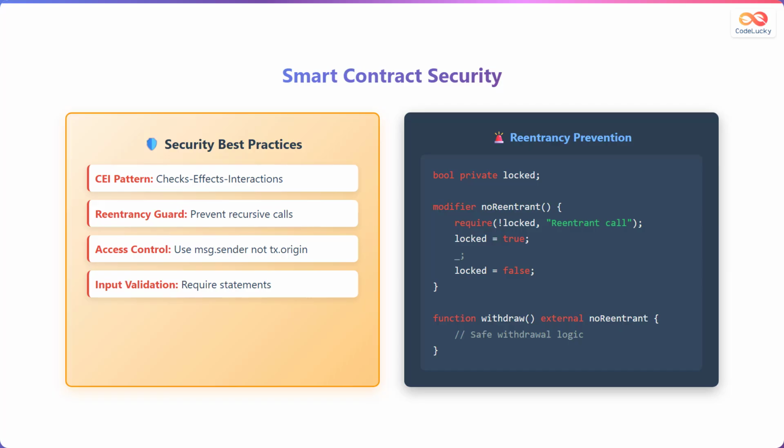For access control, always use msg.sender instead of tx.origin, as tx.origin can be manipulated in certain attack scenarios. Input validation through require statements ensures that function parameters meet expected criteria before processing. These practices help prevent common vulnerabilities like reentrancy attacks, unauthorized access, and state manipulation.